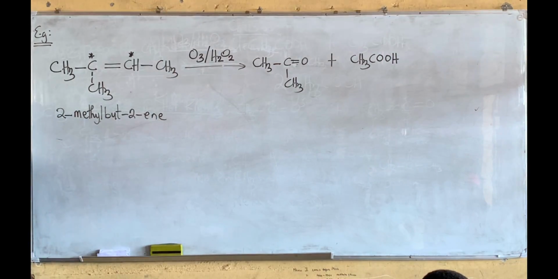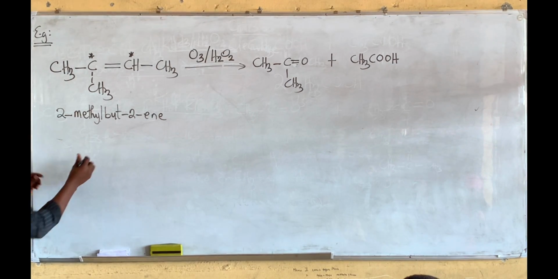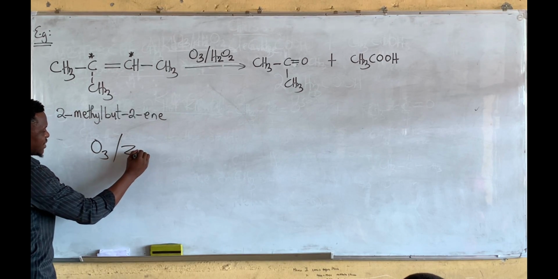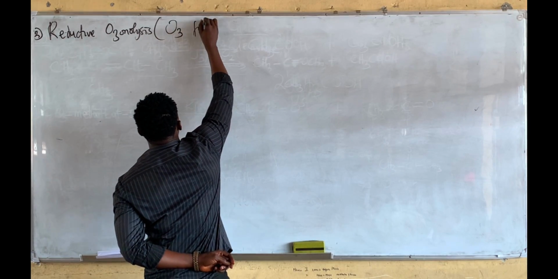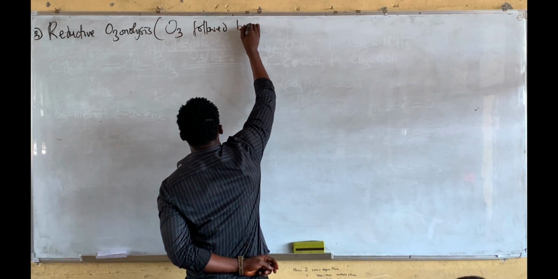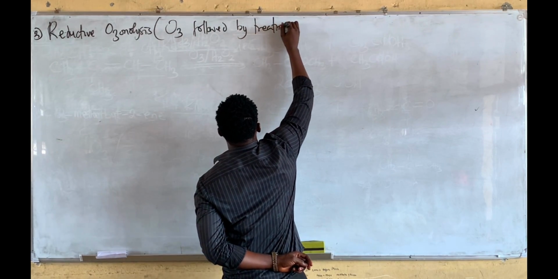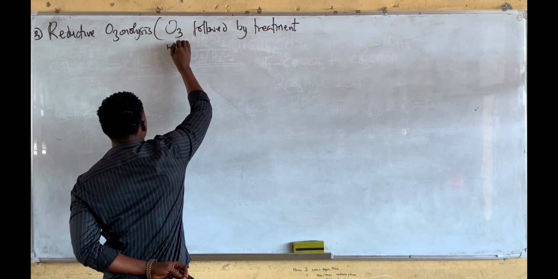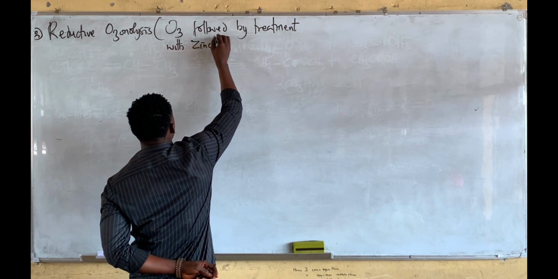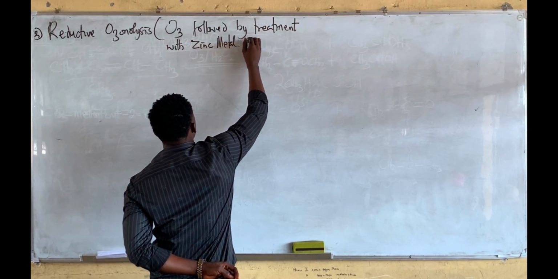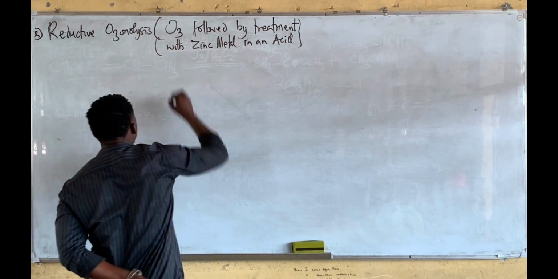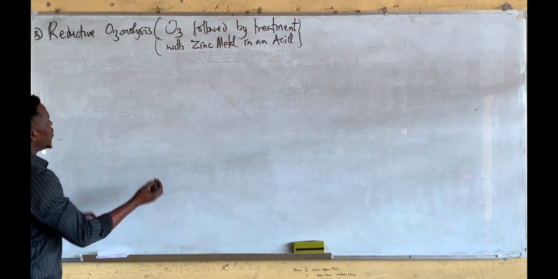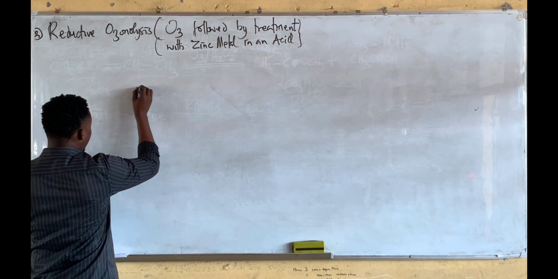Now let's see the effect of ozonolysis, reductive ozonolysis. That is, if I'm using O3 in the presence of zinc and an acid, followed by treatment with zinc metal in an acid. Now, these are the various ways you can see this in a reaction.